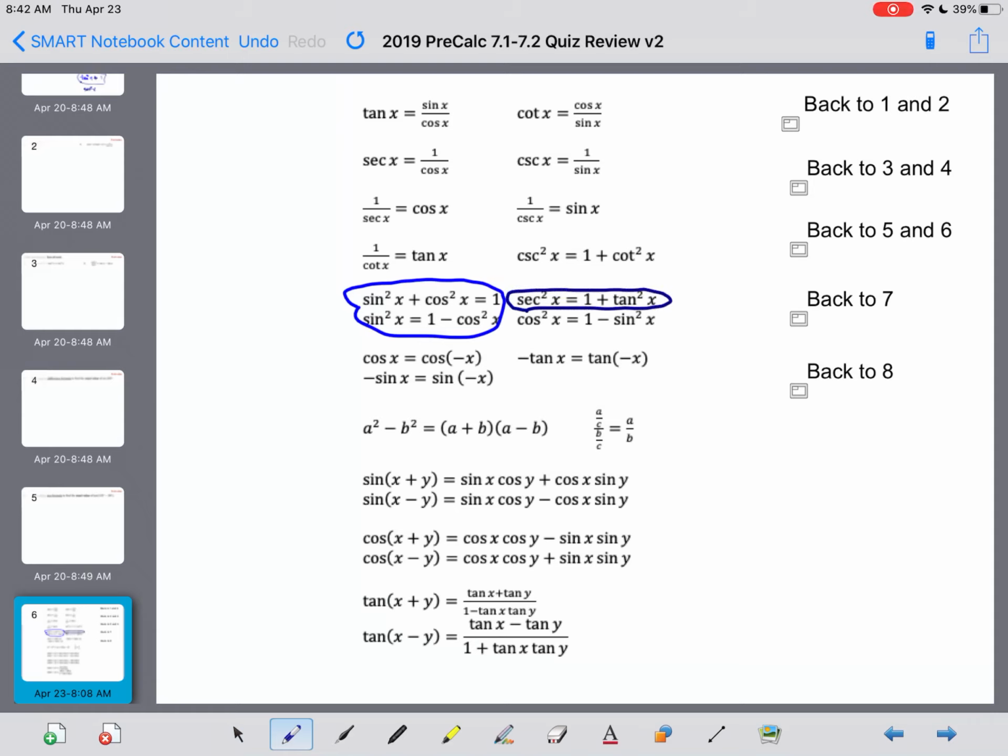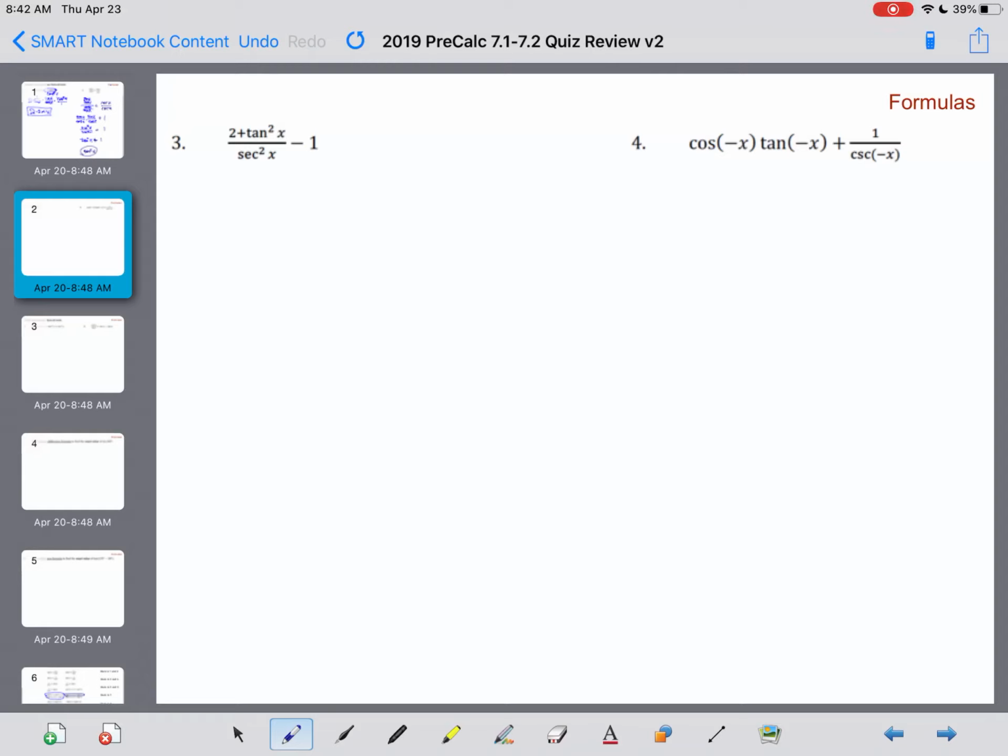Moving on here, some similar type problems as we go. I'm going to go ahead here and do something we've done a couple times with this type of problem. I'm going to break up this 2 to 1 plus tangent squared x all over secant squared.